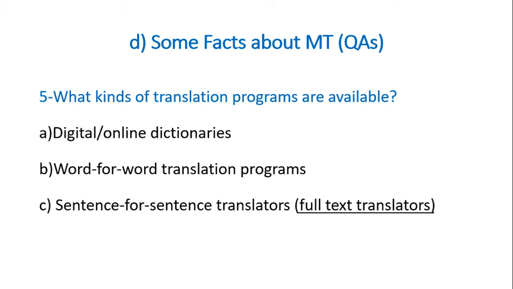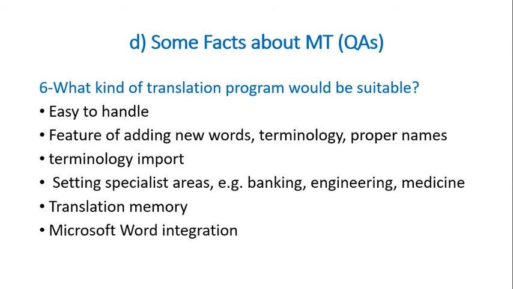Then word for word translation programs, where these programs only provide the word for word translation, and then comes the role of the translator to restructure these words according to the grammatical requirements of the target language. And then we have sentence for sentence translators, and full text translators are also available for getting translation from machine.